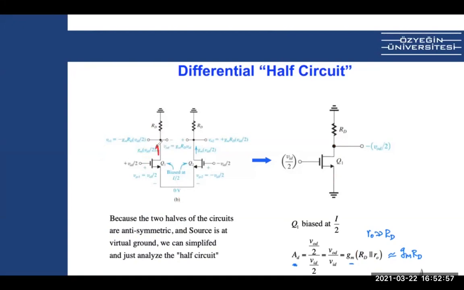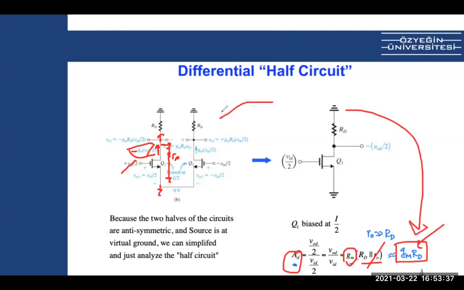But let's assume this one becomes minus, and this current flows, since this is ground, R0. So this current flows to both RD and R0 in parallel, as you can see. And the VID over 2's cancel to find the gain. So it becomes, because R0 is big, we say this is the gain. So as you can see, we found the gain of this circuit, which is also the gain of this circuit.